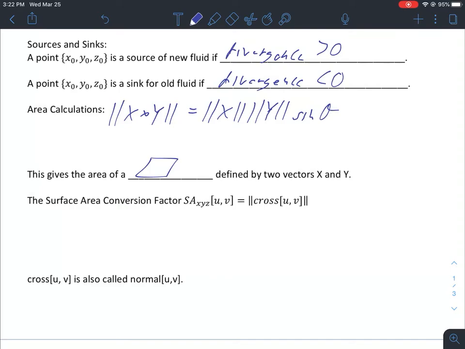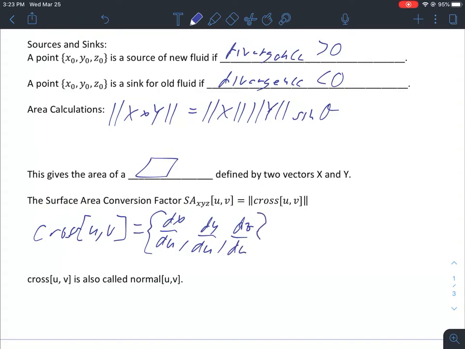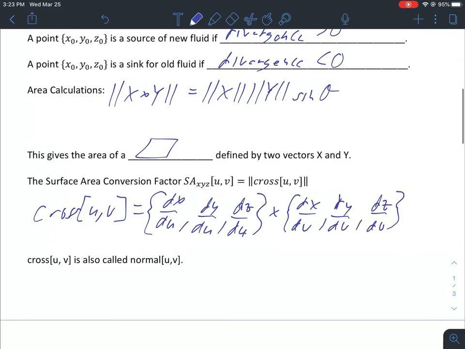So that looks like this: cross of uv would be dx du, dy du, dz du, cross dx dv, dy dv, dz dv. That cross can also be called normal uv as well.